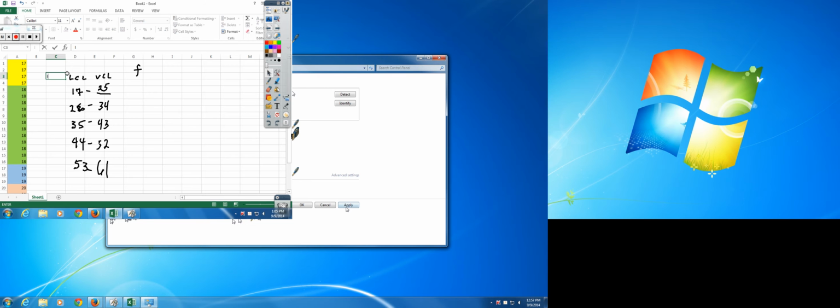Lower class limit: 17, 26, 35, 44, 53. Upper class limit: 25, 34, 43, 52, 60. Frequency.